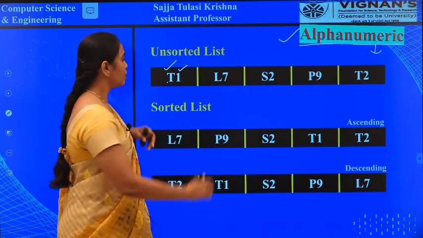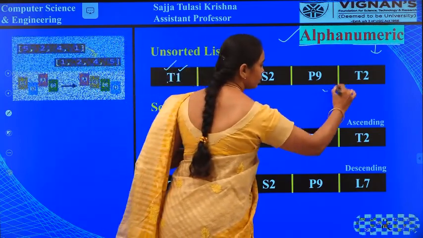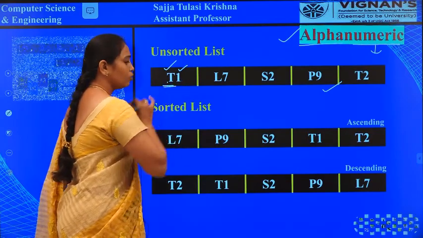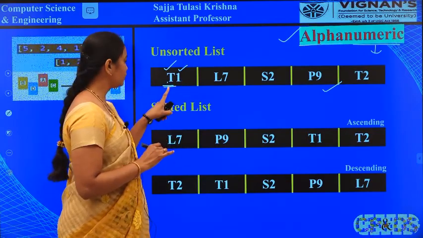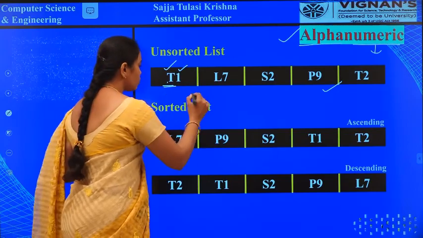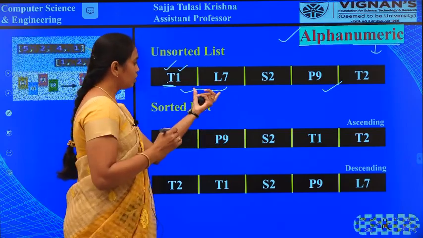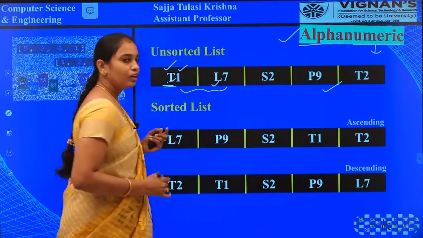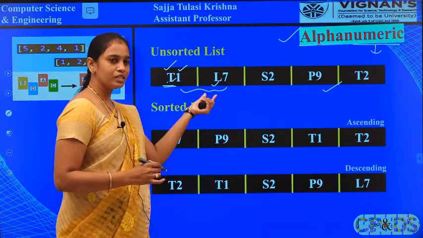In this case, how can we sort the list? We look first at the first character. Coming to two simple elements in the list, T and L: which comes first in the alphabet?